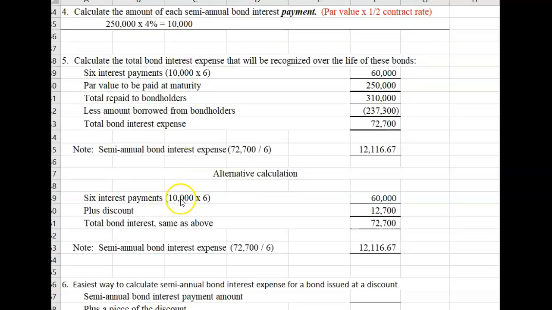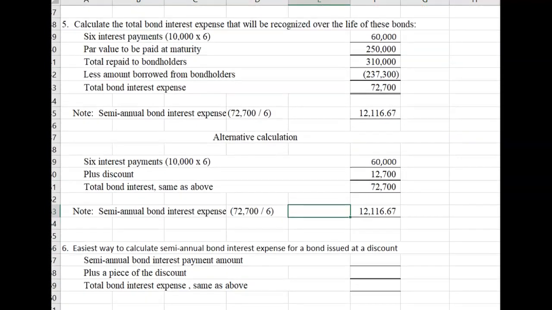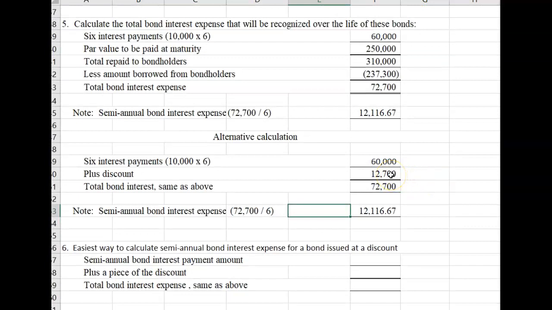The 6 interest payments of $10,000 each, $60,000 of interest that we will pay, plus the amount of the discount when we issued the bond. Remember, we had a $12,700 discount. Take the interest that we actually have to pay plus the discount, and that's the bond interest expense, $72,700.